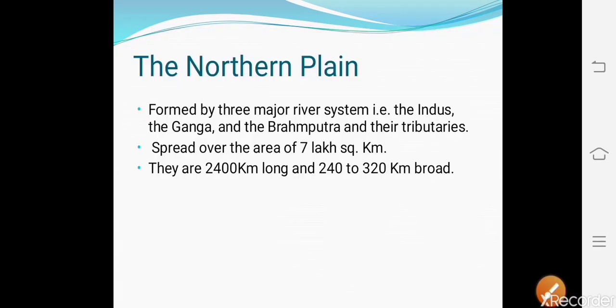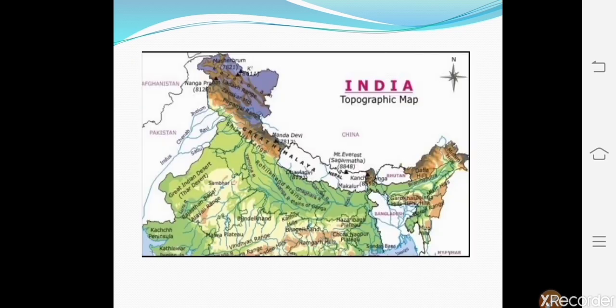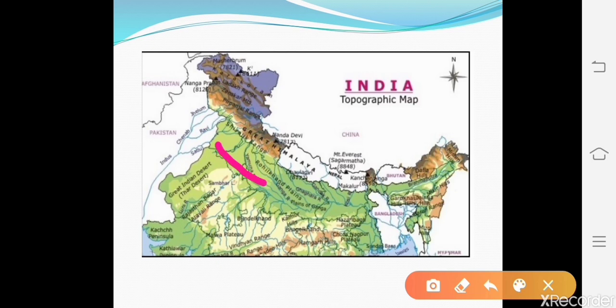These plains are spread over an area of 7 lakh square kilometer, and their length is 2400 kilometer, the same as the Himalayan mountains, as they are running almost parallel to the Himalayan mountains. Their width varies from 320 to 240 kilometers. That means somewhere they are broad and somewhere they are very narrow.